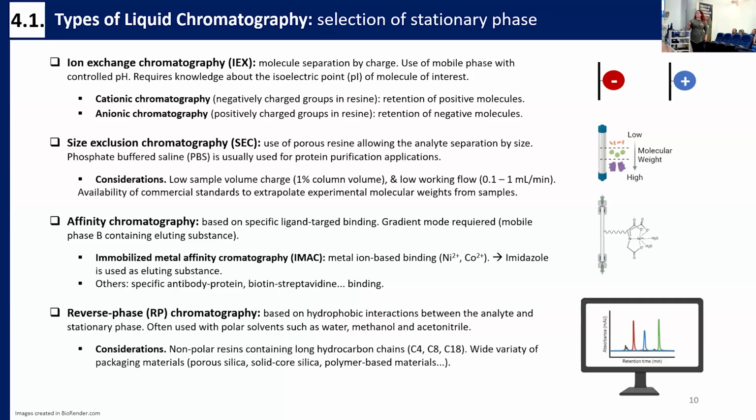These columns are based on resins that have long hydrocarbon chains, and they are named according to the number of carbons that they have, C4, C8, or C18. There are several ones.